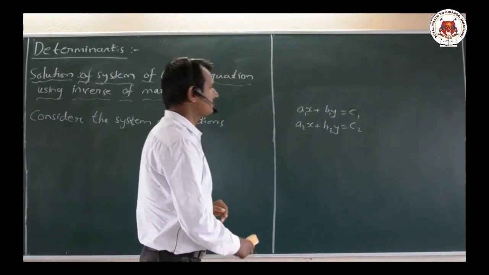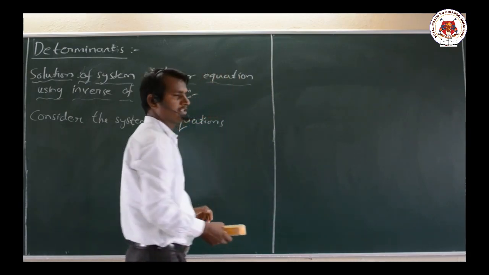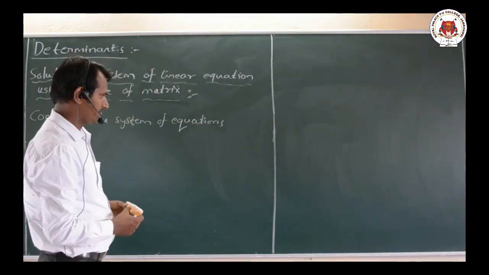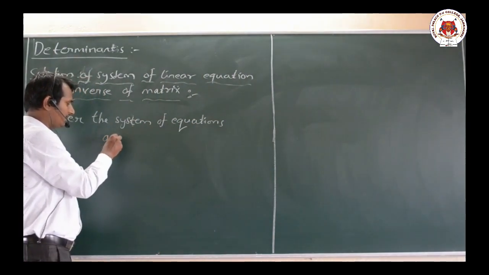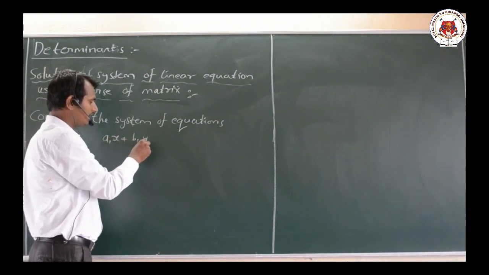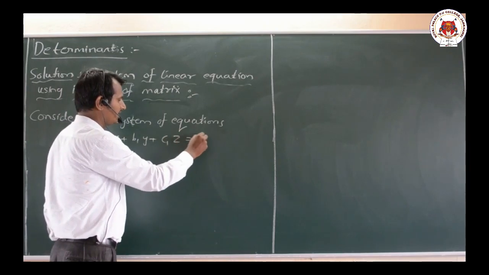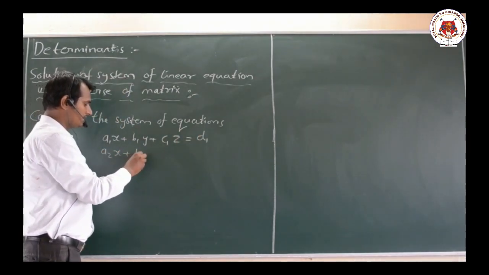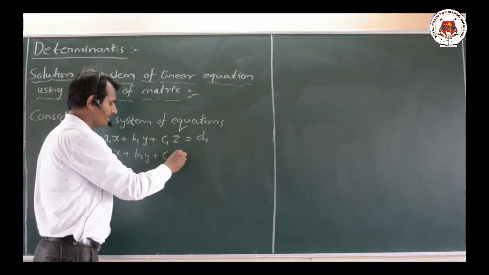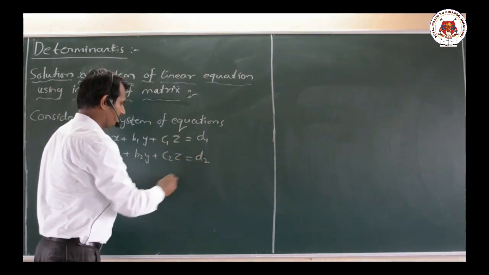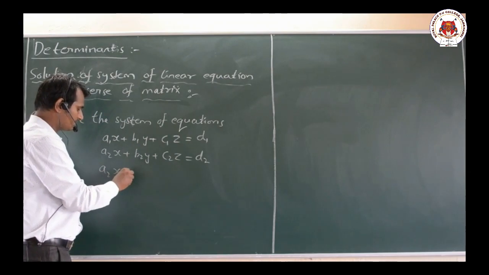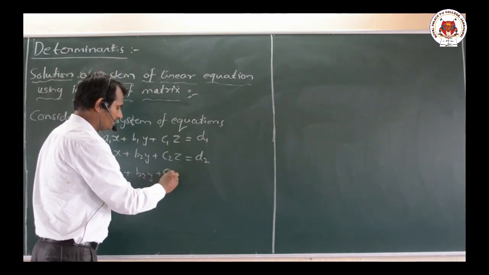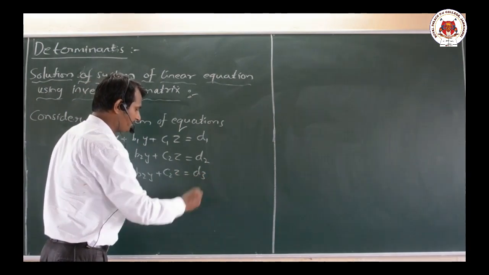Now in this session we shall consider the system of equations a1x plus b1y plus c1z equal to d1, next a2x plus b2y plus c2z equal to d2, next a3x plus b3y plus c3z equal to d3.